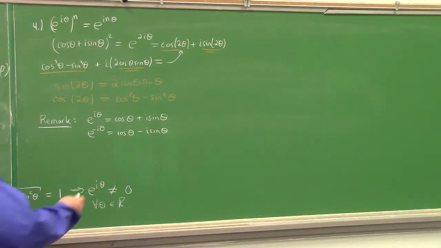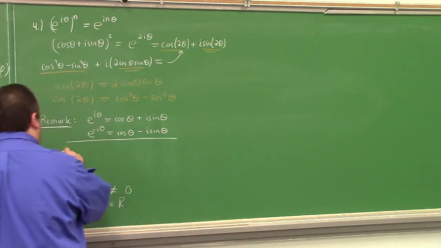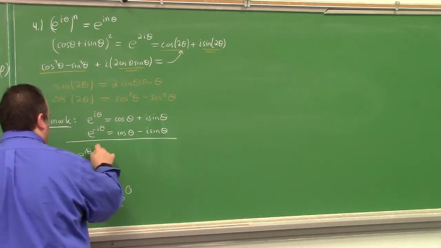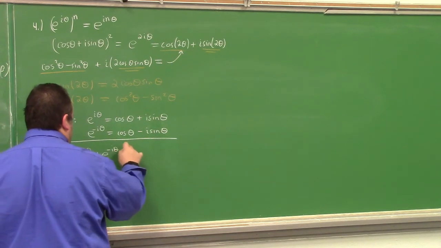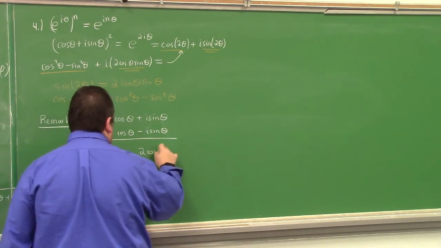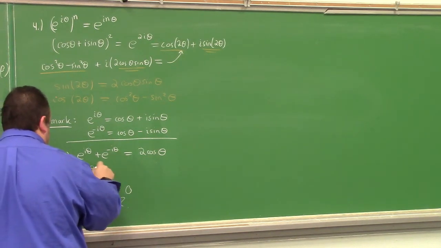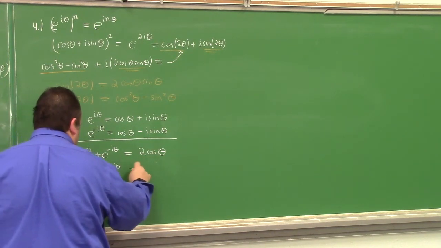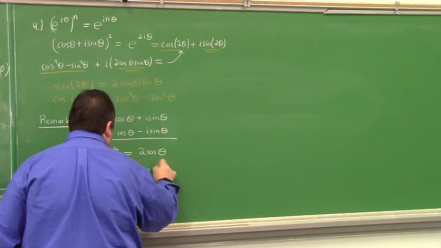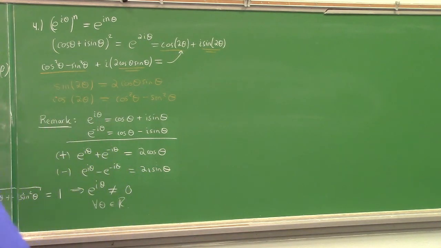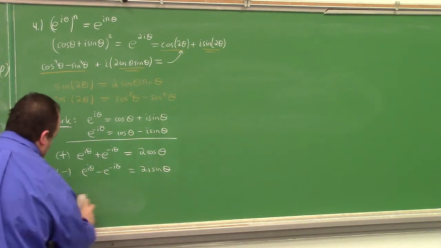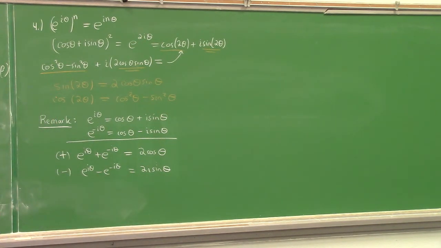If you add these equations, what do you get? You get e to the i theta plus e to the minus i theta is 2 cosine theta. If you subtract them, you get e to the i theta minus e to the minus i theta is 2i sine theta. And so what that gives me then is stone-cold formulas for cosine and sine in terms of imaginary exponentials.